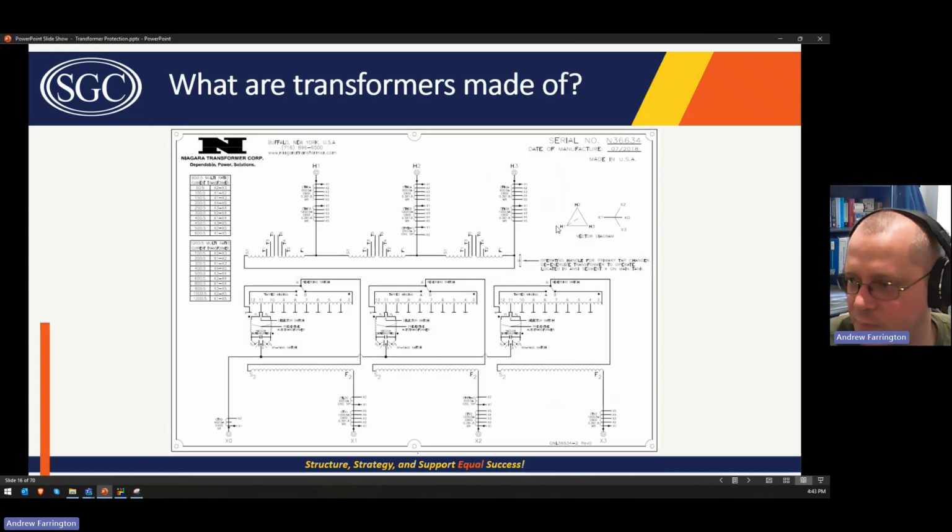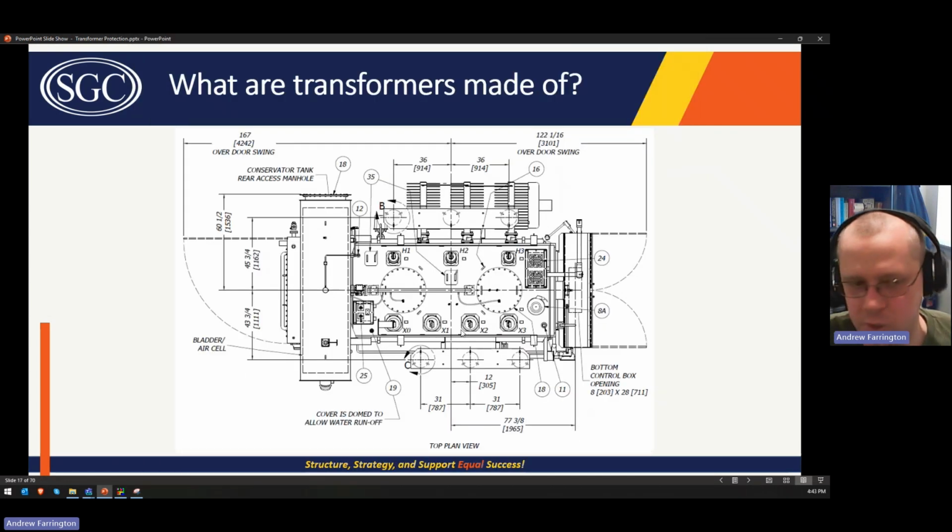This is why I emphasized this so much. But there's another way you can screw it up. If on your drawing you put the bushings in the wrong order, that's also going to mess up your phase connections and it's not going to work correctly.